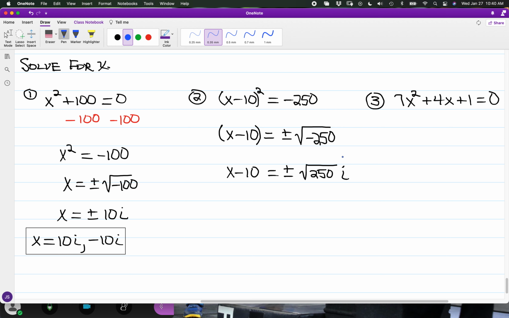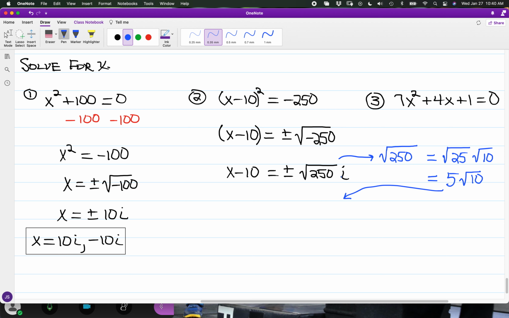For the square root of 250, not a perfect square number, but it is the kind of number where its square root can be a reduced radical. So for the square root of 250, the highest perfect square divisible into 250 is going to be 25. And so we have the square root of 25 times the square root of 10, and that is lowered to 5 times the square root of 10.